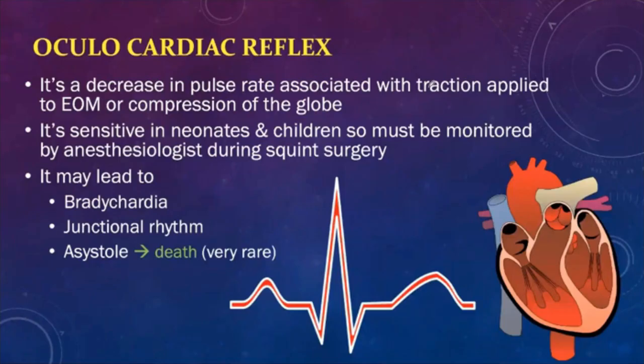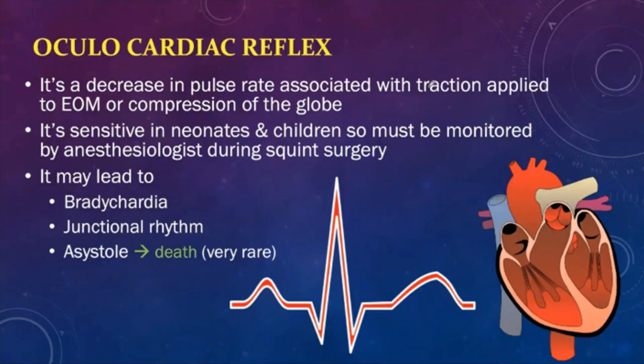Another important reflex, which is again related to extraocular muscle movement, is called the oculocardiac reflex. This reflex is of extreme importance, and it is well known to all strabismologists and all anesthesiologists because it connects both the heart and the eye.